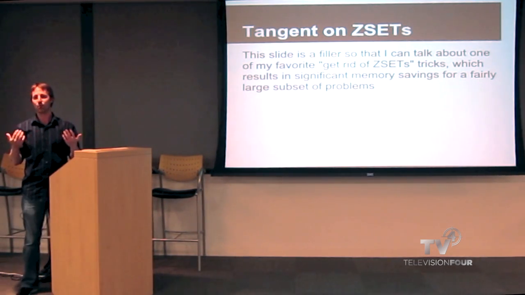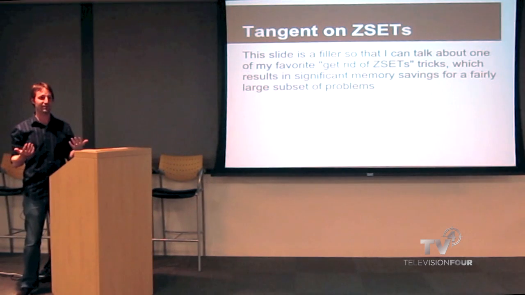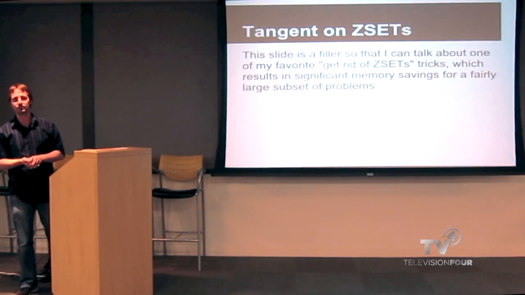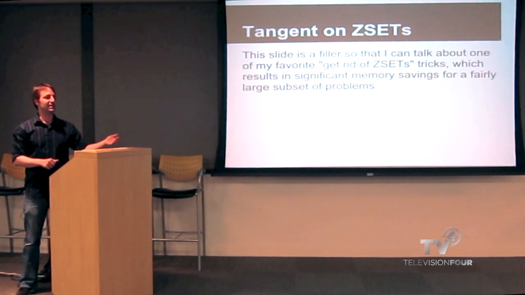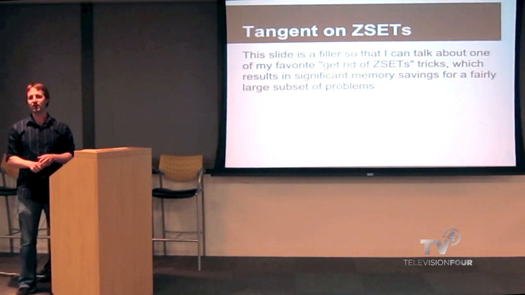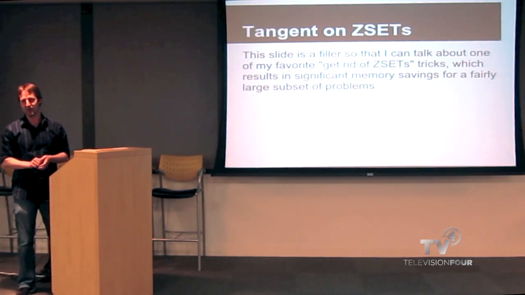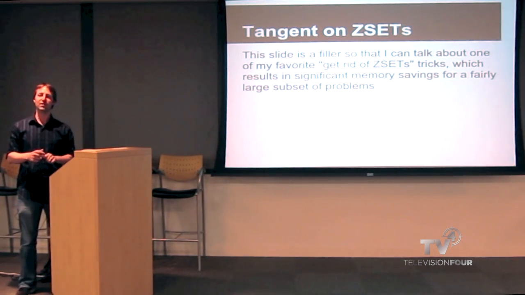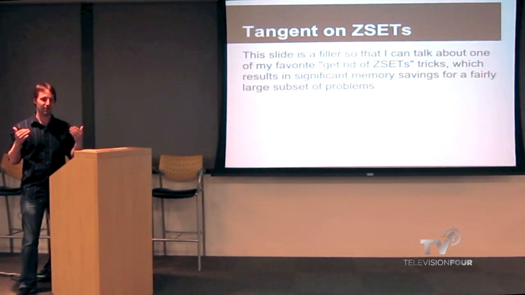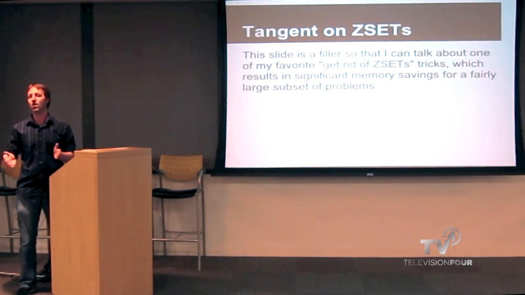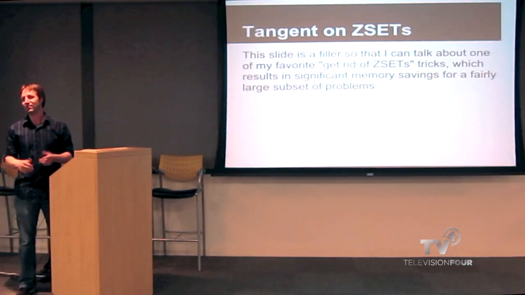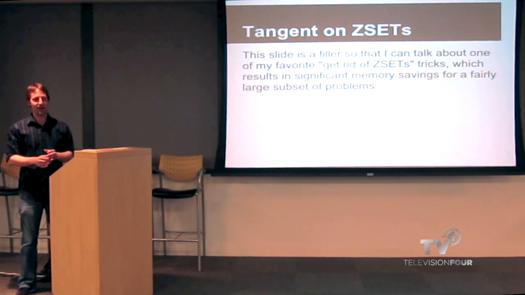Now this is great, except for one problem, and that is those 155 million Twitter users took up about 40 gigs of RAM. If we ever needed to cycle the machine that data was on, it took 20 minutes to load that data into memory. If we ever needed to save it, it would only take a few minutes to save it, but that was a few minutes that nothing else could go on. And really 40 gigs of memory to keep a queue of 150 million items is a little much.